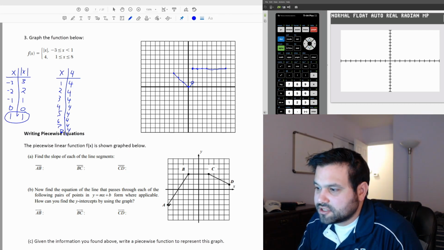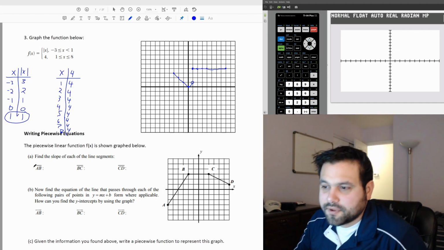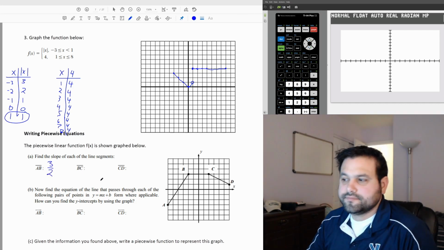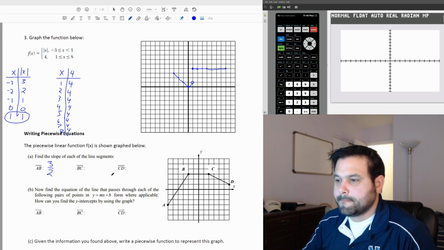In this case, it looks like this is 1, 2, 3, 4, 5, 6, up 6 and over 4. So 6 divided by 4, which would come out to be 3 halves. Okay, so the slope there is up 3, right 2.